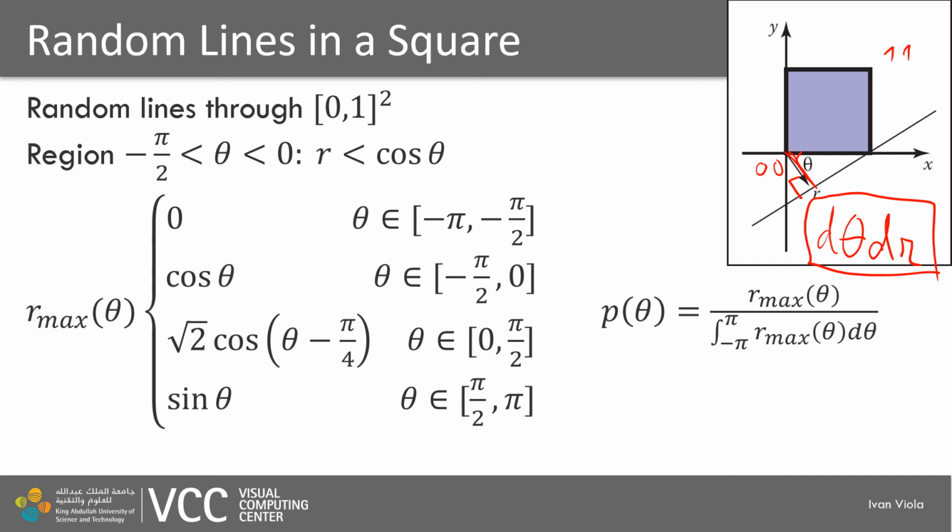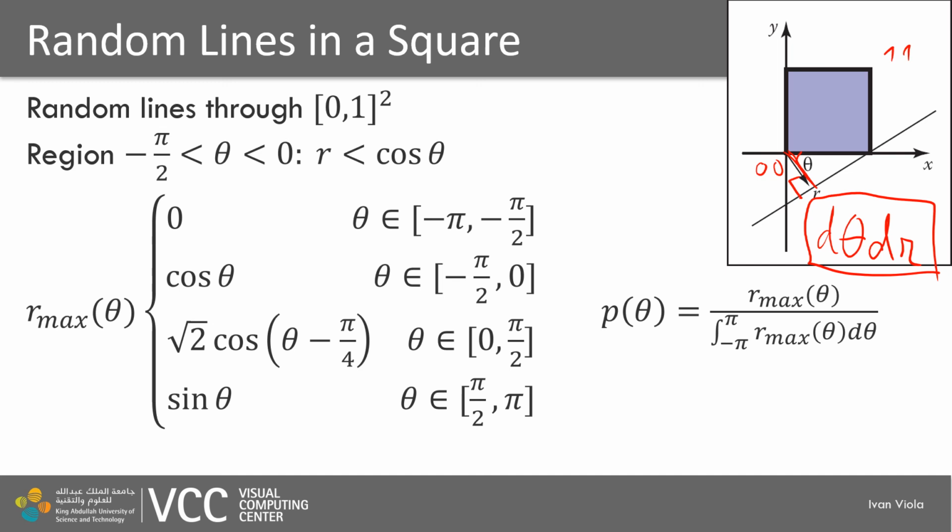So, this measure which we define is then used for us to create a function of the probability density function. Now we can see that for various thetas, we will have various r's which go through this rectangle.